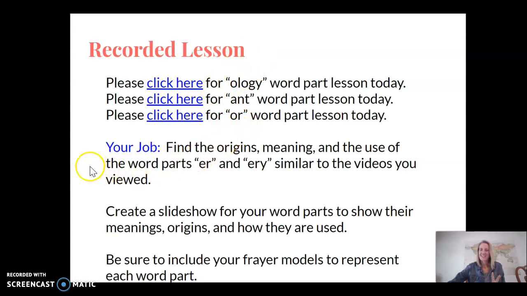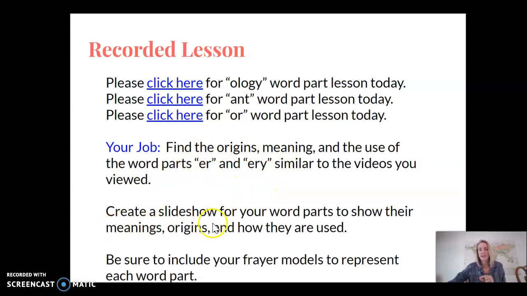And then the second part is you will find the origins, meaning, and the use of the word parts for and uri, similar to the videos you viewed. So you're going to be making your own slide presentation describing these 2 word parts.